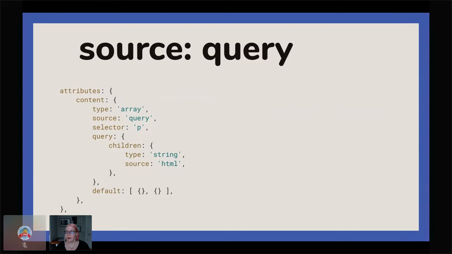Basically it looks at the selector we've set on content, which is the paragraph P again, and it will look at each paragraph, and over that it will run the query. So then it says for each P, we want to pull out the HTML source and put it into children.